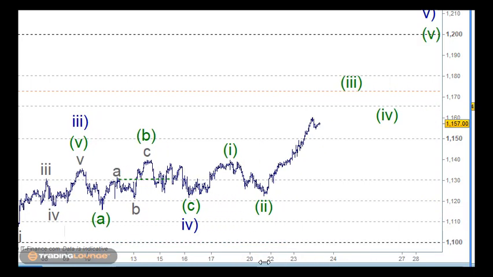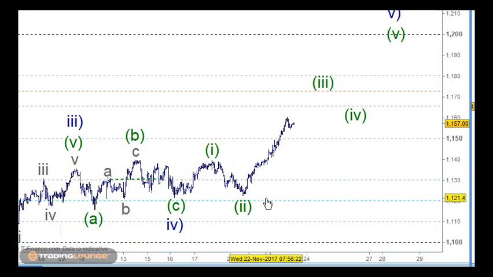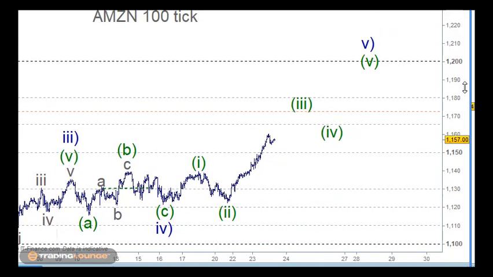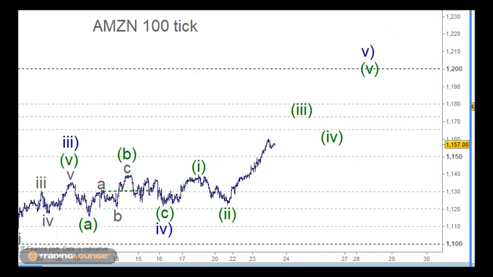But I can still see with this leg here, we've still got further to go to the upside. So with this one, just stay long if you're long, but do expect a, oops, I can't draw on this side of the tick chart, but in group 2 here, 65, 72 and 80, expect the corrective pattern to play out here, and then one more little push to the upside into the 1,200 here.